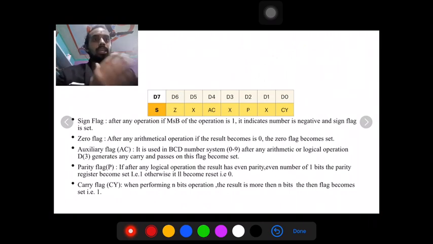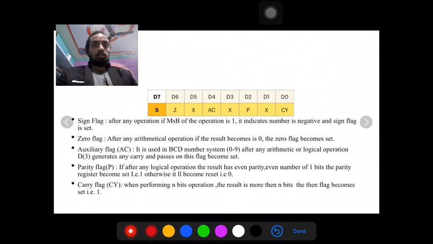Last is your carry flag. Let's say you are performing n-bit operations and the result is more than n bits, for example you are performing 10 bits but your result is 13 bits, then the carry flag is set to 1, otherwise reset to 0. I hope this is clear.